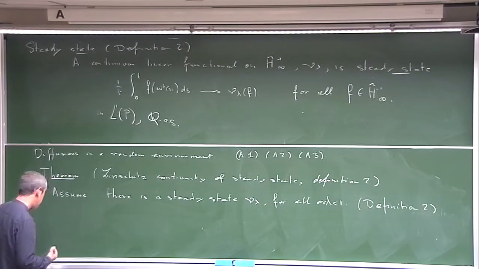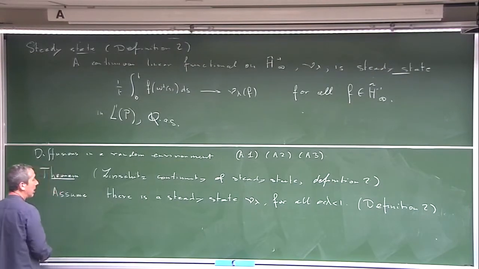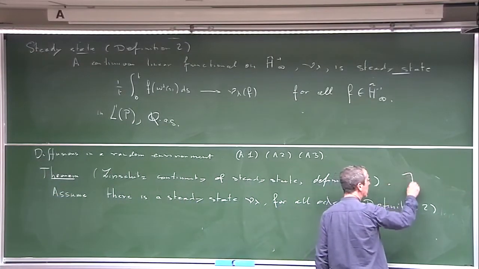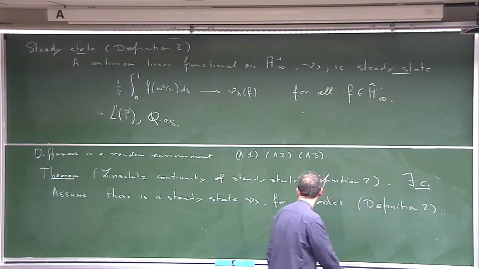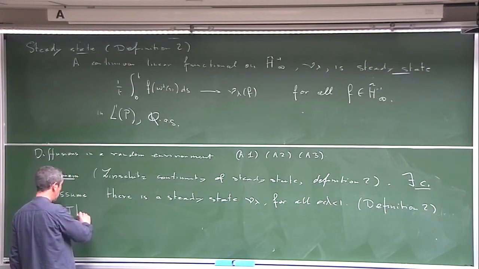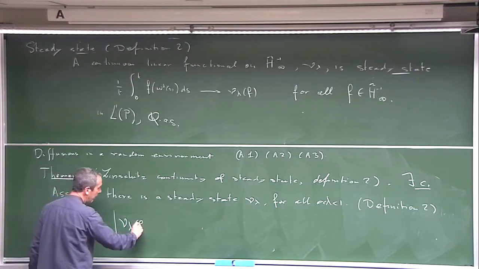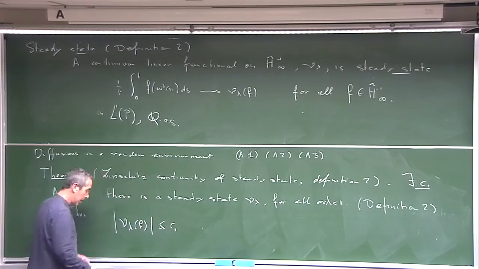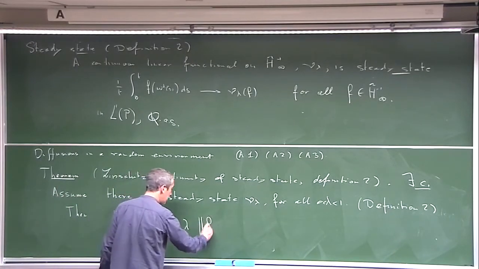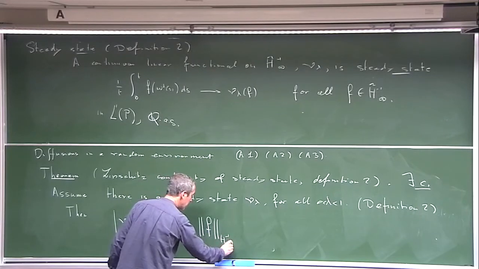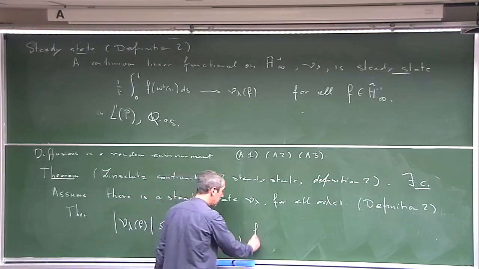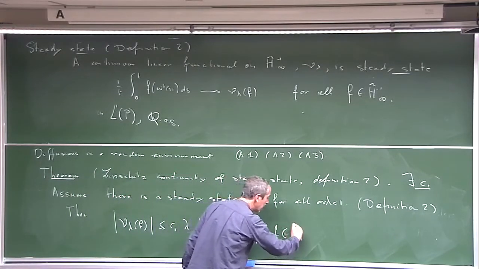That is, there exists a certain constant C1 such that we have an inequality of the form |u_λ(f)| is less than C1 times λ times the norm of f in H^{-1,∞}, and this for all functions or distributions f belonging to H tilde^{-1,∞}.